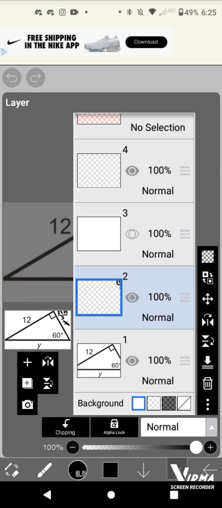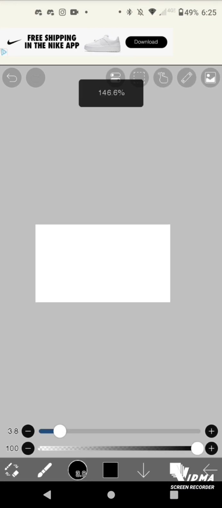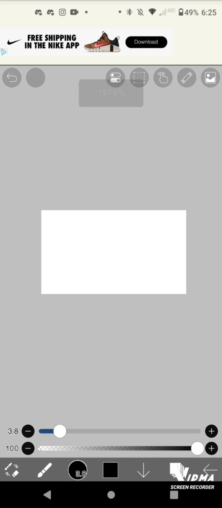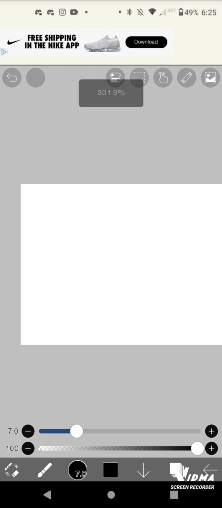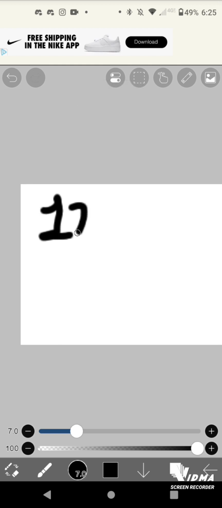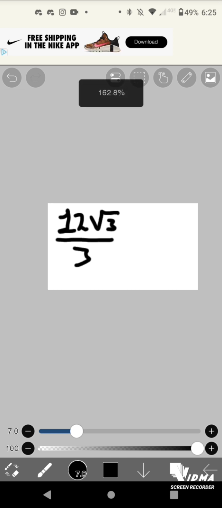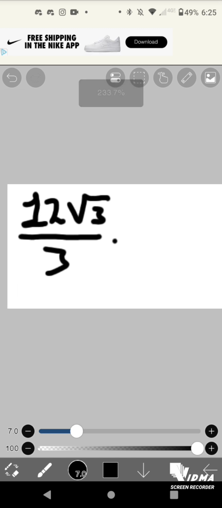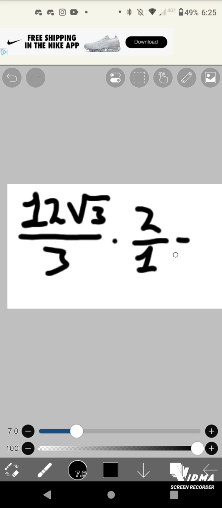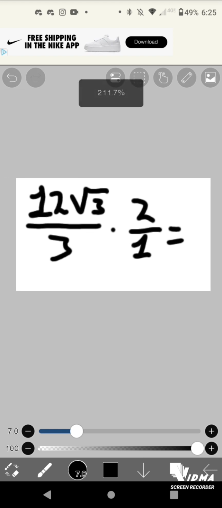So let's go back to our little whiteboard-esque thing. And so the value of the short leg, as we just figured out, is 12 square root of 3 over 3. So we multiply that by 2 over 1. This is a little big.